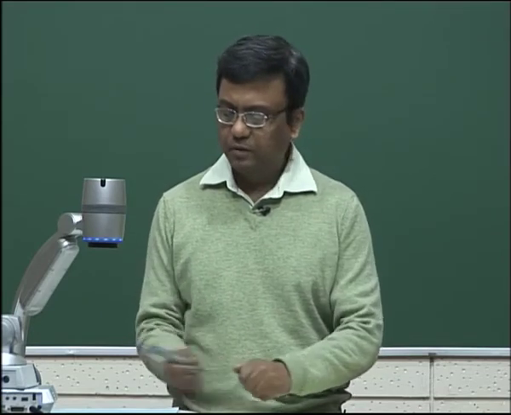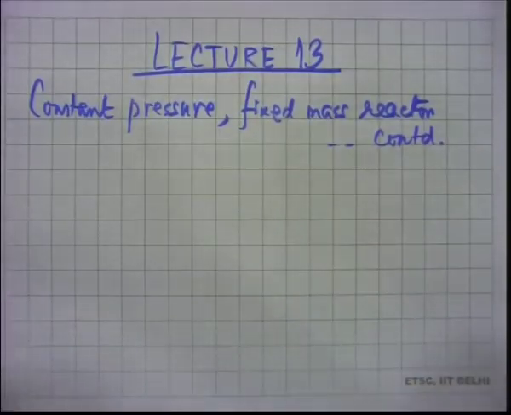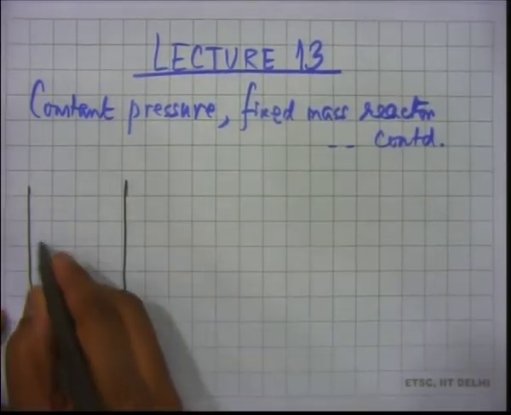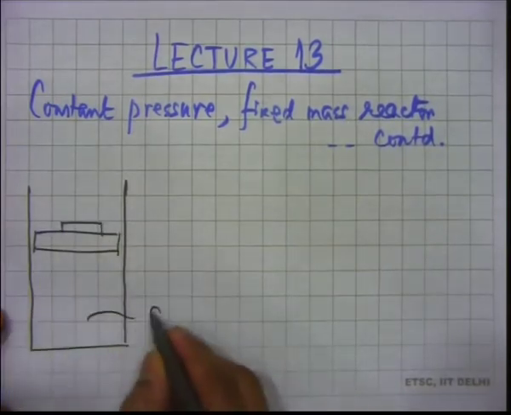So, this is a continuation of what we were doing in the last class, lecture 12, and this is how our reactor looked like. Remember again that we have gaseous reactants.